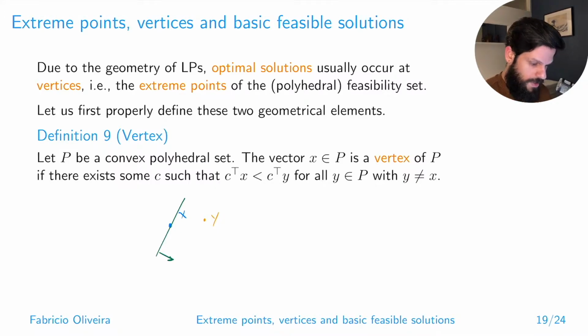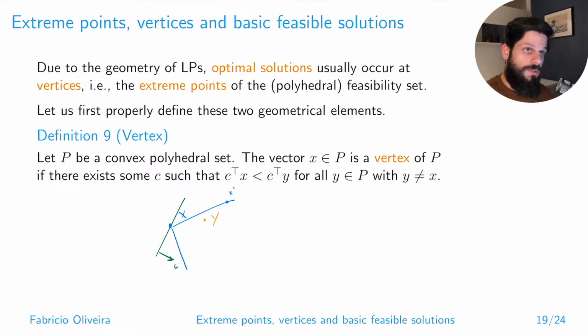So your polyhedron could be something like so. Once you have found this hyperplane with normal vector C, all the other points within your polyhedral set are going to be strictly inside one of the half spaces formed by this hyperplane. You see, that won't be the case if x were to be, say, here.